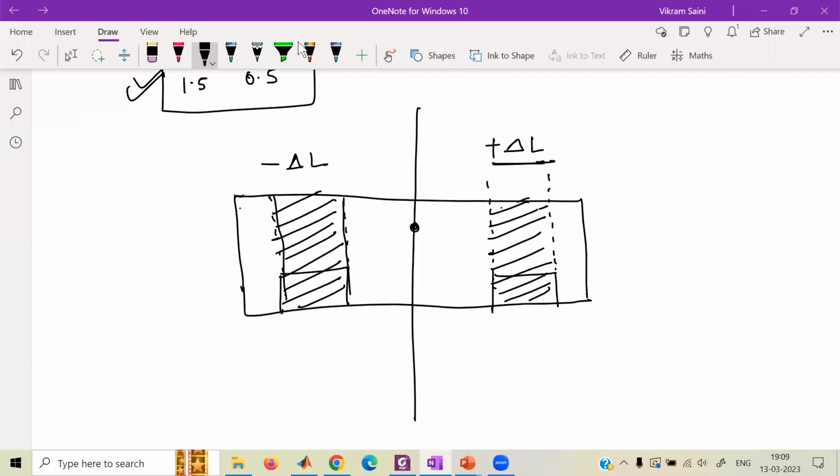Let's say the center of this entire force is here at a certain length, call it L. The net moment about the x-axis will be L times delta L.